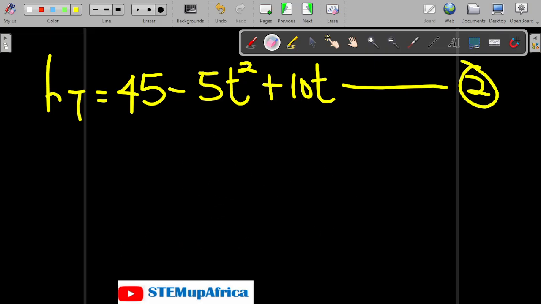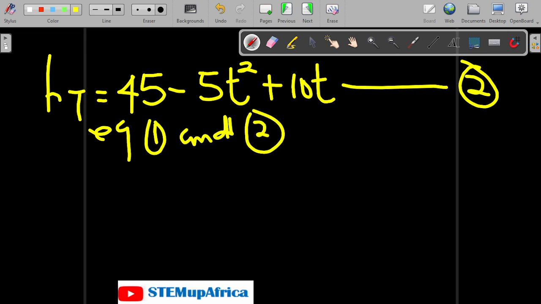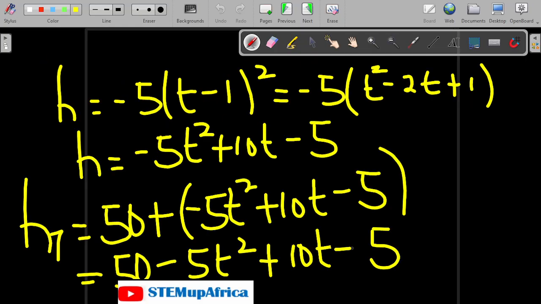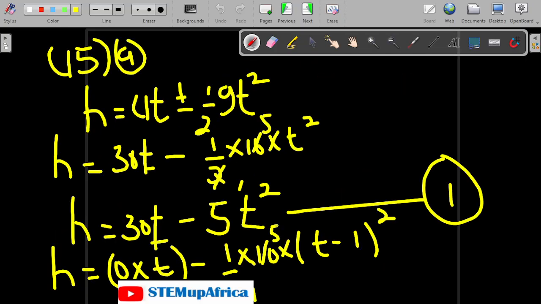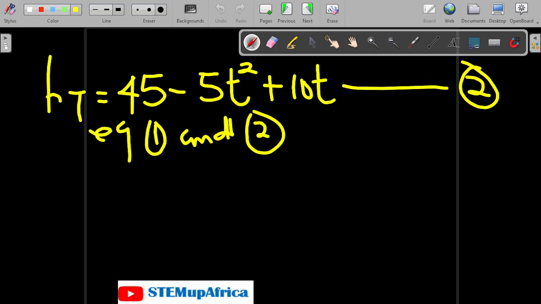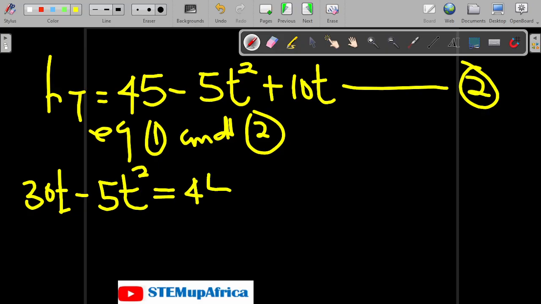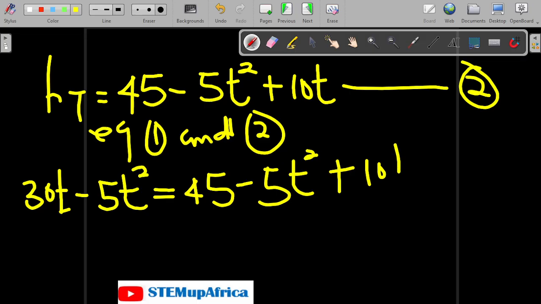So let's equate equation 1 and 2. Equation 1 says 30t minus 5t squared. So I have 30t minus 5t squared is equal to 45 minus 5t squared plus 10t.